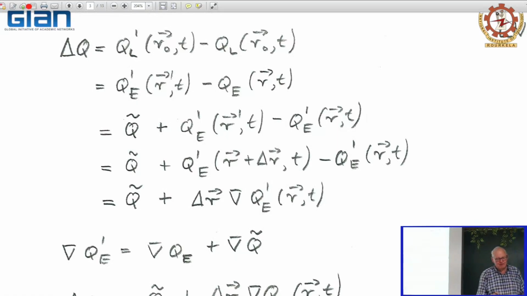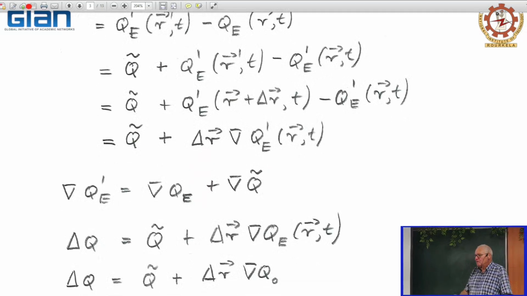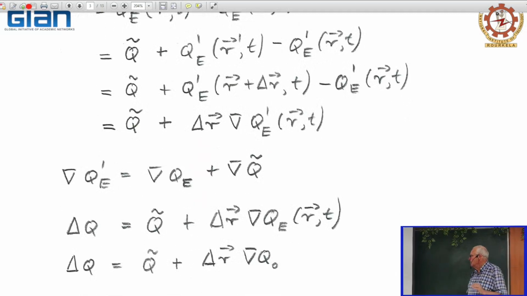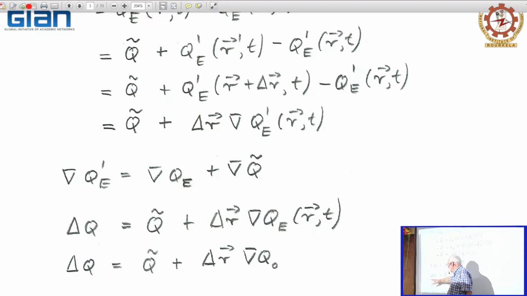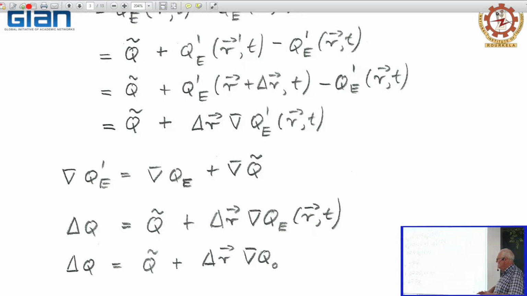Okay, so we have found the following relation between Lagrangian and Eulerian perturbations. Delta Q, the Lagrangian variation of a quantity Q, is equal to the Eulerian perturbation of this quantity plus the Lagrangian displacement vector times the gradient of the quantity Q in the Eulerian sense, still of the unperturbed system, because the Eulerian quantity is equal to the Lagrangian one, and we do not need to distinguish between these two.